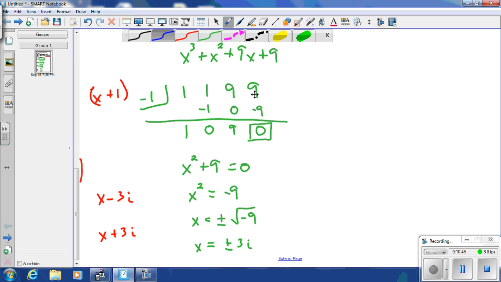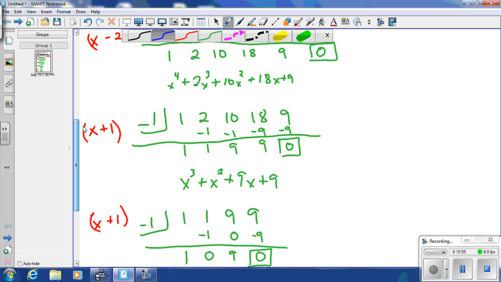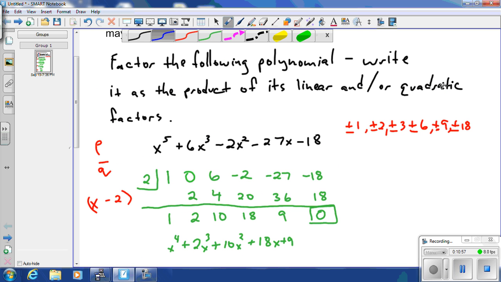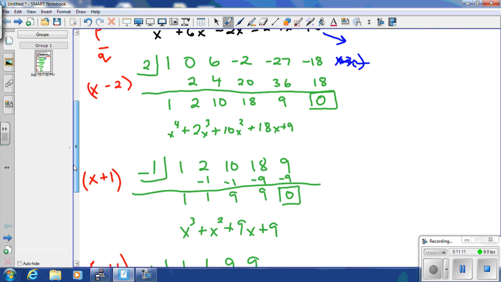So the completely factored version of this is going to be, let's go back up on top where you can see it. The original guy, this right here, will equal x minus 3i times x plus 3i. You know what, I'm never going to have room to write all this here. I better go down here, somewhere I got a little bit more room. x minus 3i times x plus 3i.